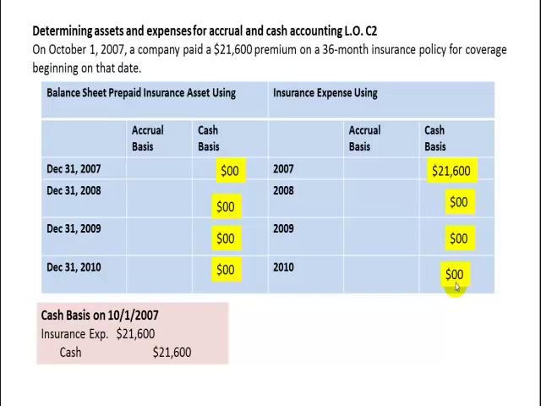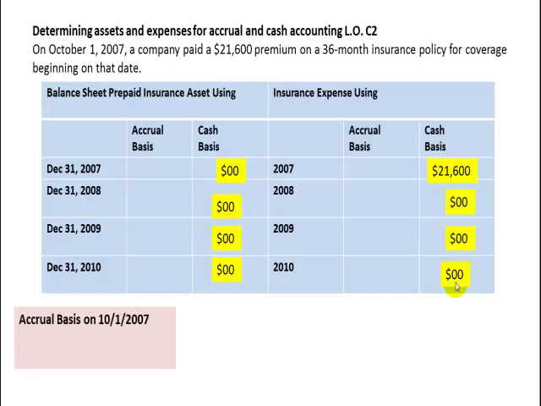So cash basis is pretty easy, although it doesn't properly match expenses with revenues. That's the problem. So we've done it all now for cash basis. Now for accrual basis accounting, you match revenues and expenses in the period in which you benefited from these items.